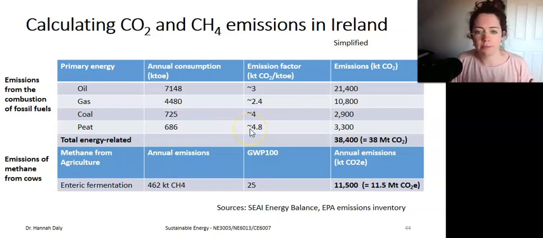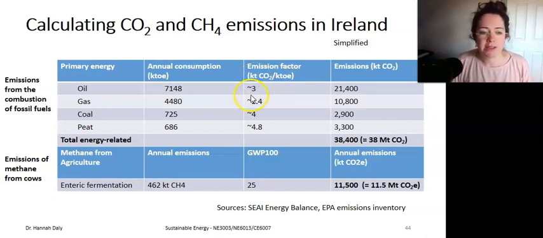We know from the IPCC what the average emission factor for these fuels are, and SEAI also provides those. So we can measure that in kilotons of CO2 per kiloton of oil equivalent. So that's the same as tons per ton of oil.